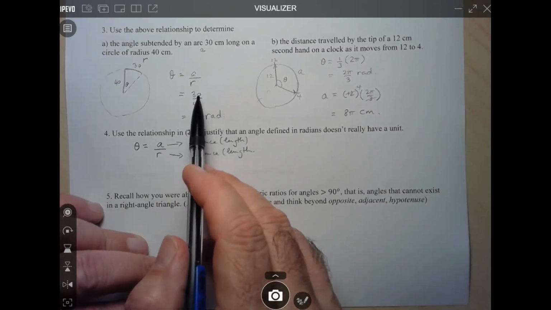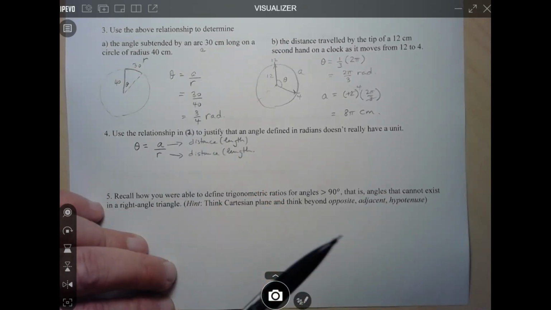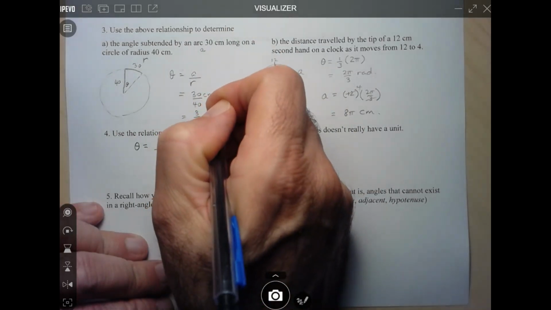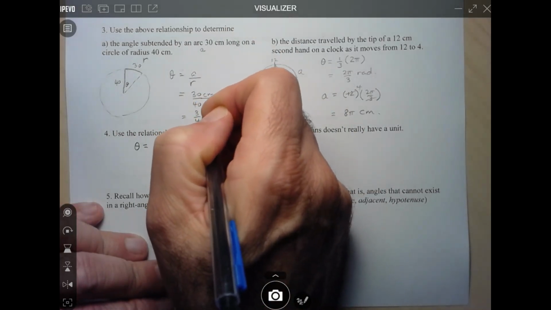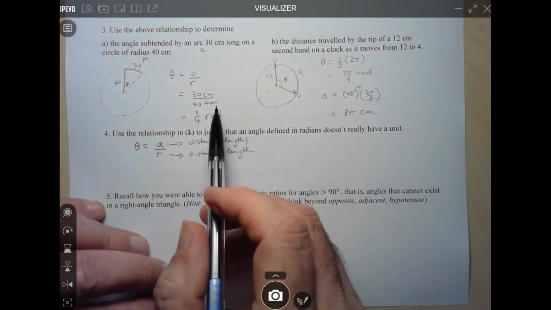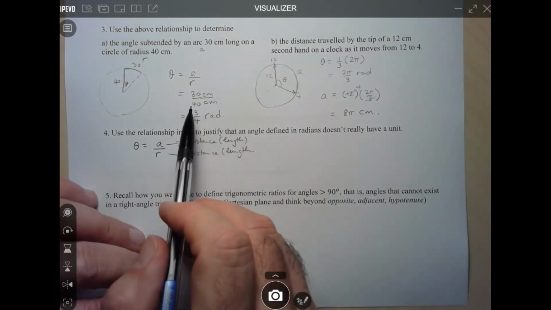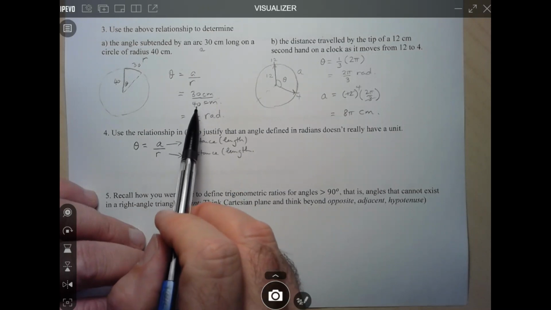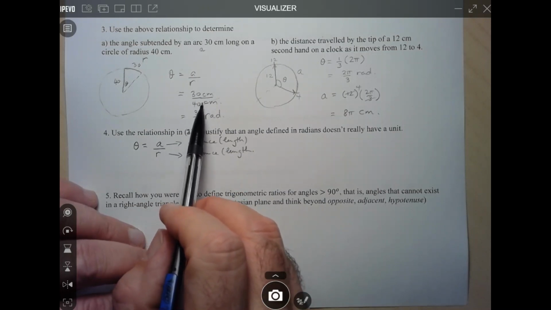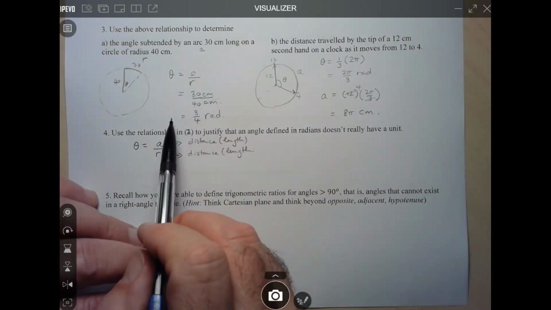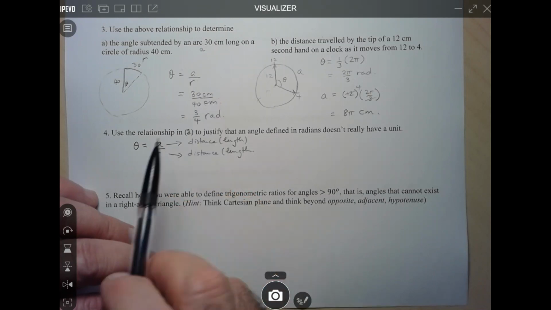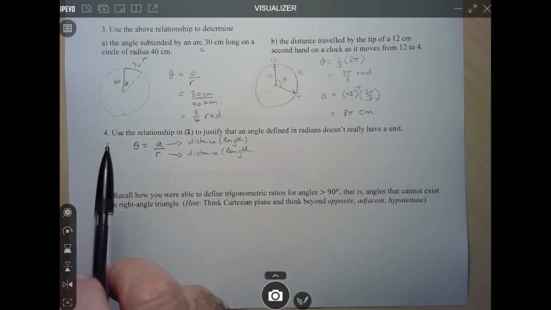So like we had here, if we go back, this is 30 centimeters over 40 centimeters. You realize that this centimeter cancels out because it's like 30 times 1 centimeter over 40 times 1 centimeter. So the 1 centimeters in the numerator and denominator just reduce.